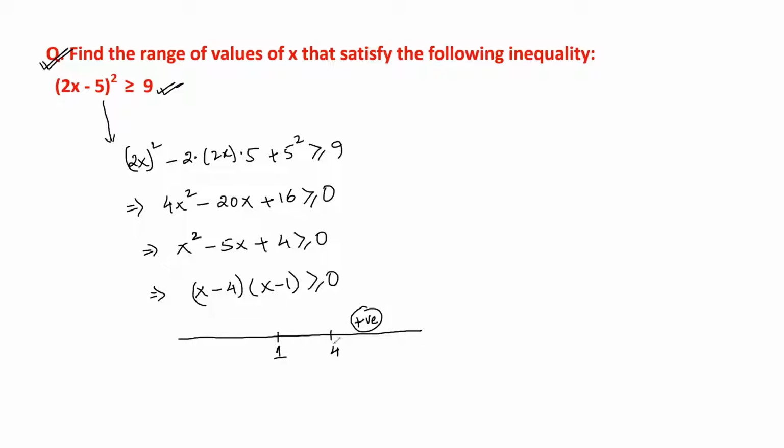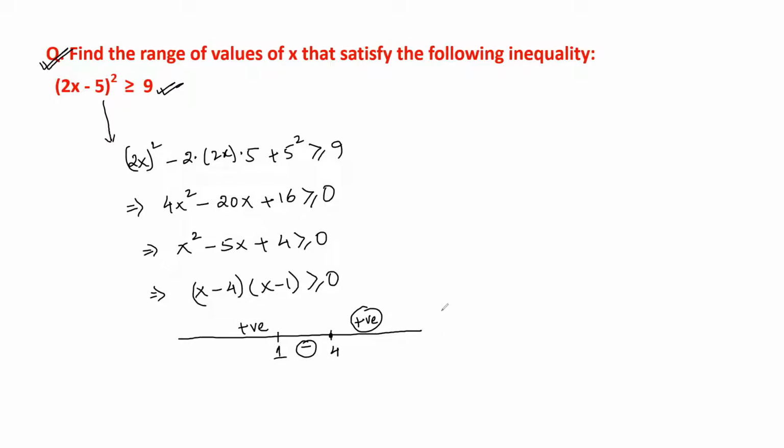And from the last video, we know that a quadratic polynomial changes its sign at the critical points. So for values greater than 4, this quadratic polynomial attains a positive value. So between 1 and 4, this quadratic polynomial would be attaining a negative value. In a similar way, for values lesser than 1, this quadratic polynomial would be attaining positive values again.